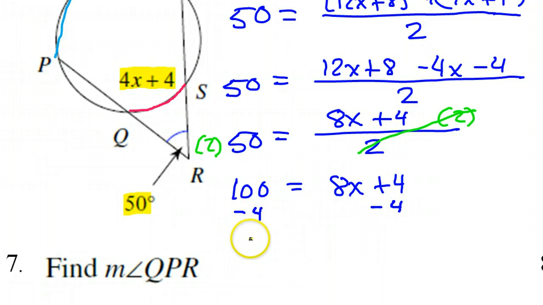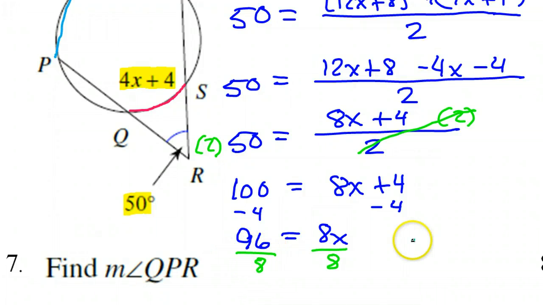So that's going to leave me with 96 is equal to 8x. Then I need to divide by 8. So that's going to leave me with x is equal to 12.